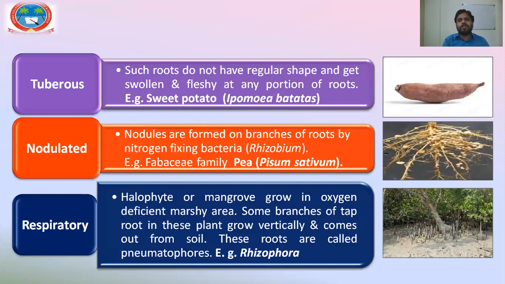So this is the exception to the general character of the root, that is, being positively phototropic in nature. Such roots exist for gaseous exchange in the plant, because mangrove plants or halophytes grow in an environment where there is a deficiency of oxygen.